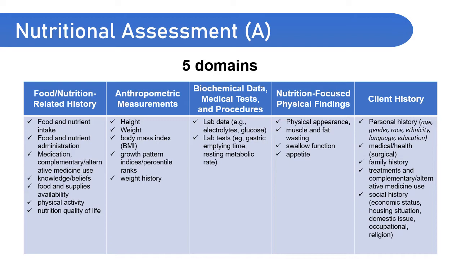For the client or patient history, there are several items that we may consider. First one is personal history, including age, gender, race, ethnicity, language, education, and so on. The other thing is the medical and health history, for example, surgical history.